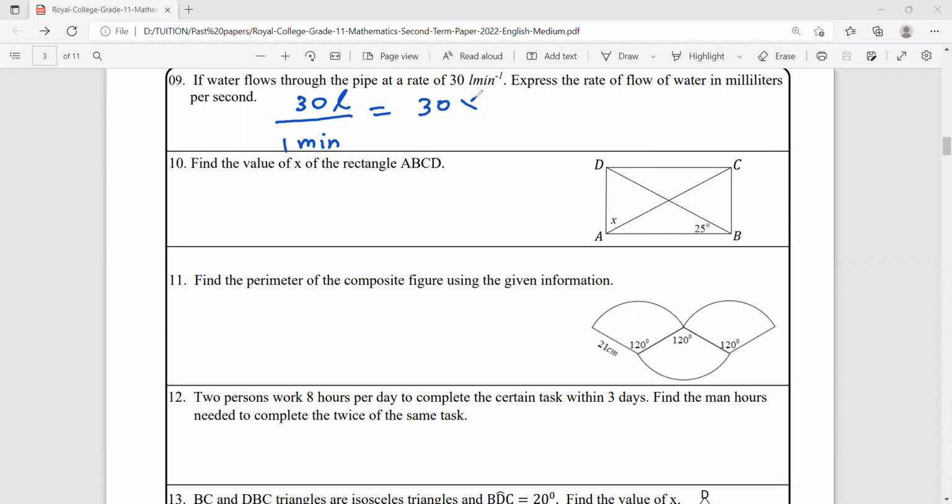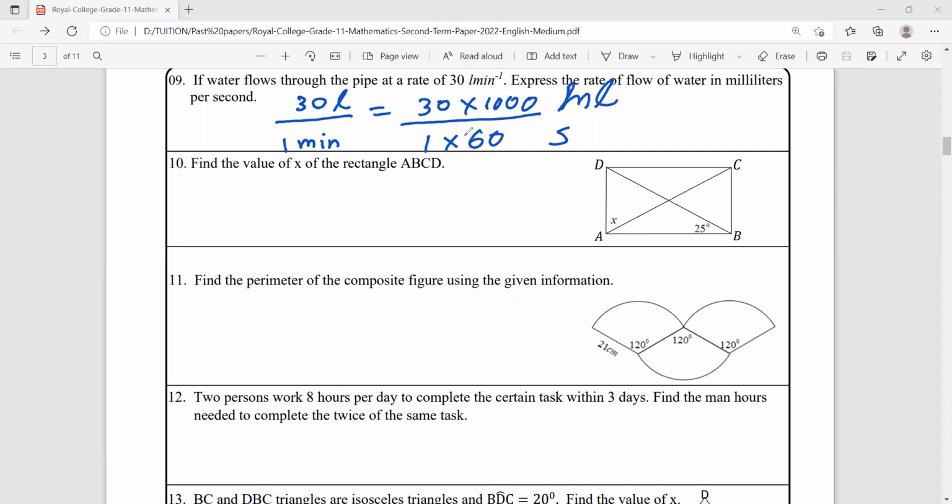So you have to convert it into milliliters. Then you have to multiply by 1000 because there are 1000 milliliters for 1 liter, and 1 minute, you have to convert it into seconds. You have to multiply by 60. Then it is milliliters here, seconds here.